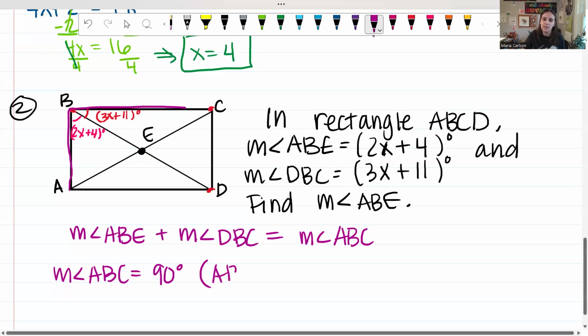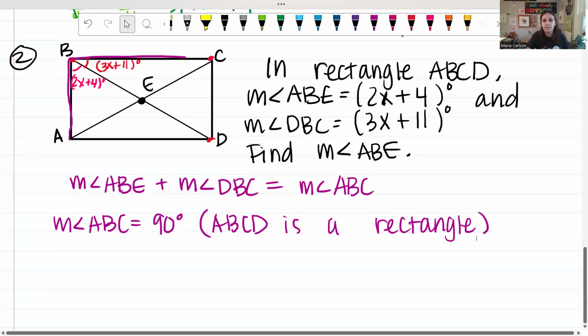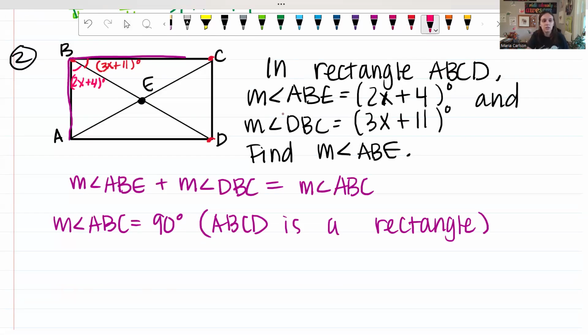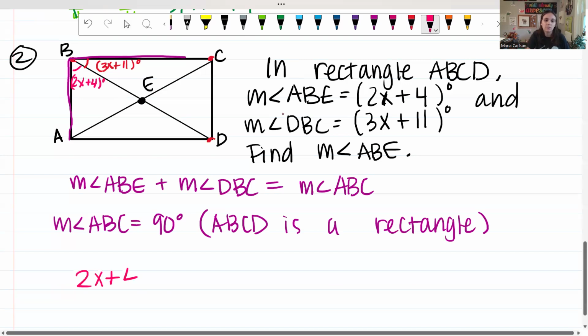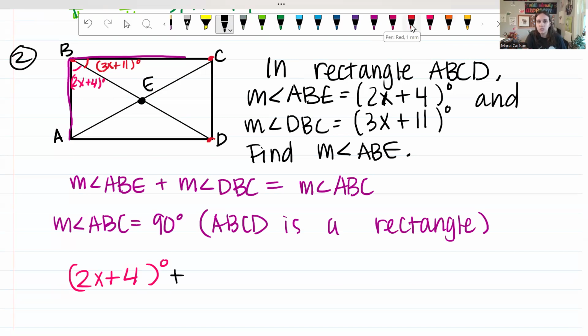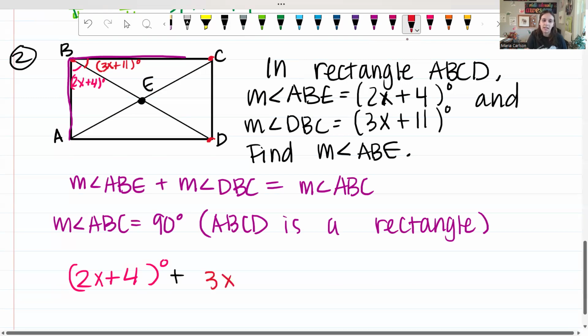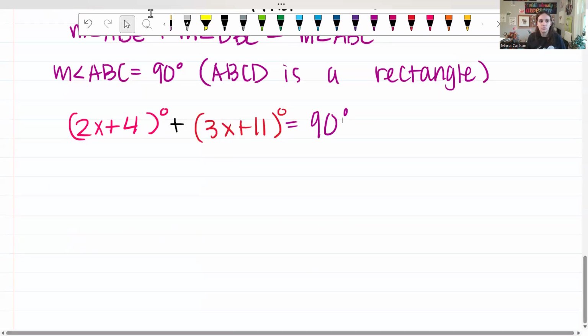Because ABCD as a shape is a rectangle. So this means then that the measure of angle ABE, which is 2x plus 4 degrees, added on to our measure of angle DBC, which is 3x plus 11 degrees, has to be 90 degrees. So those two angles will add together to give us 90.